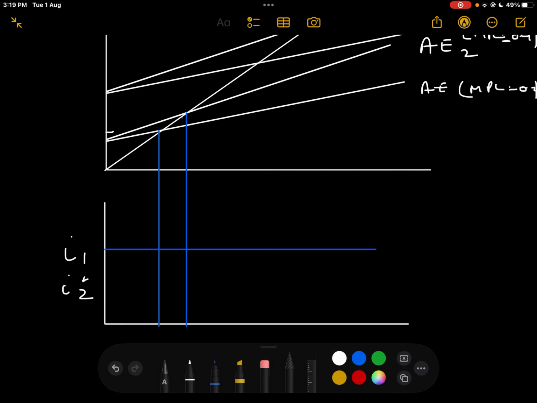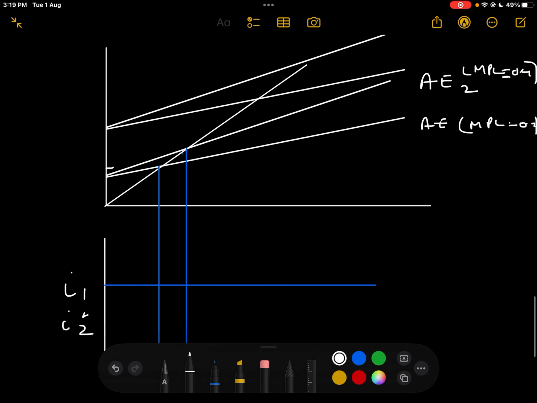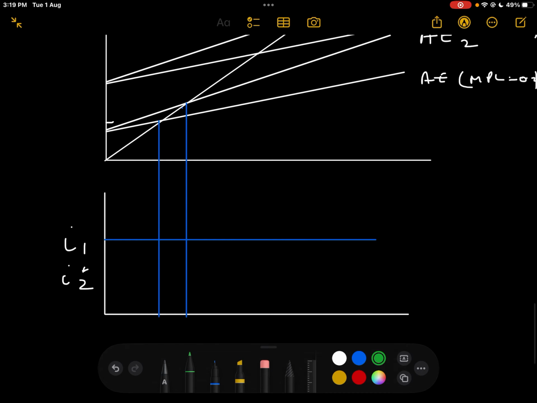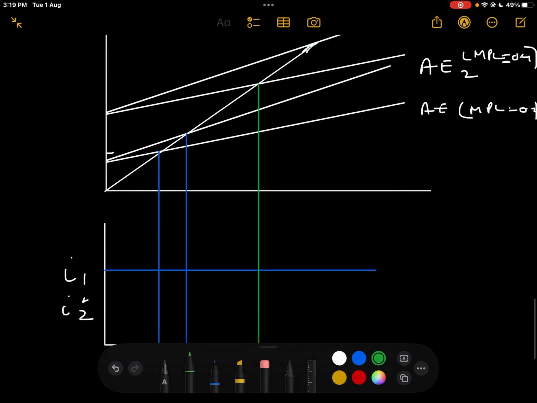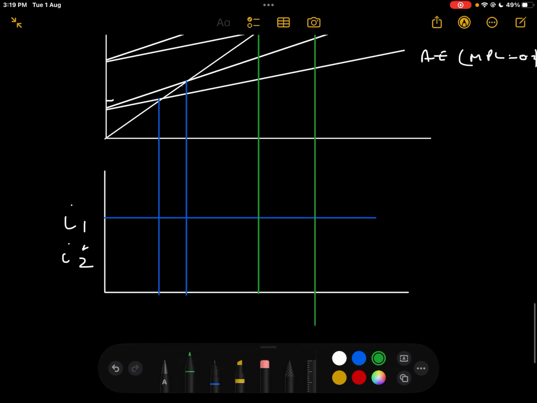This should be extended a little. Here also we'll take it down, we'll take this also down, and let us make a line through this point also. Then we'll see the graph.